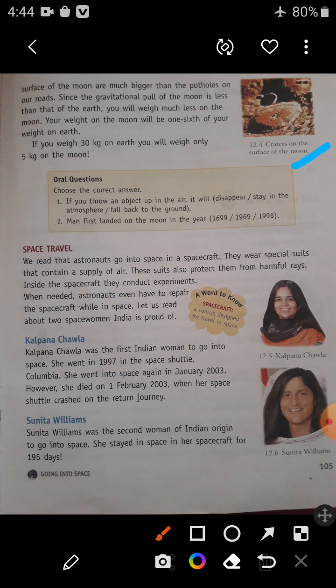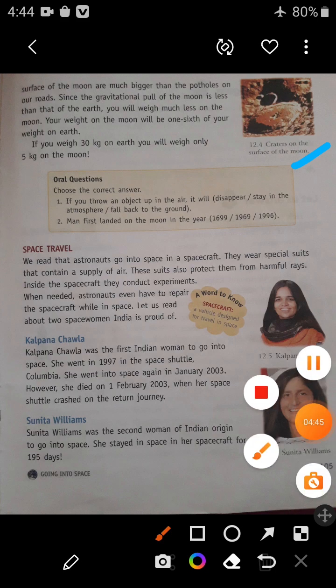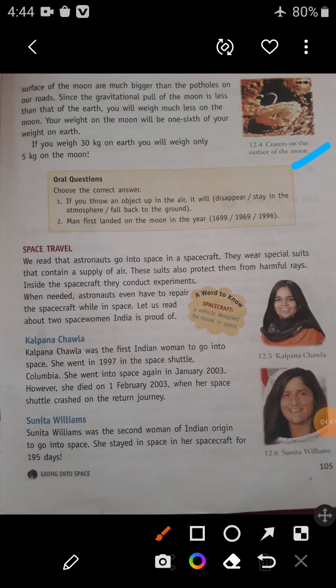Your weight on the moon will be 1/6 of your weight on the earth. If you weigh 30 kilograms on earth, you will weigh only 5 kilograms on the moon.